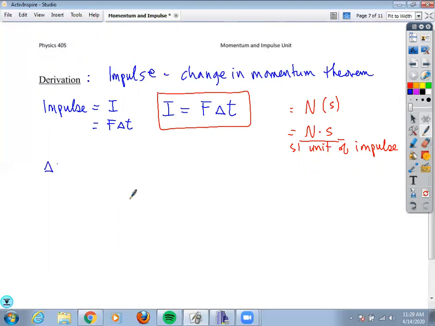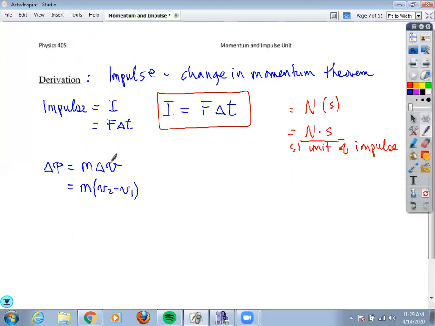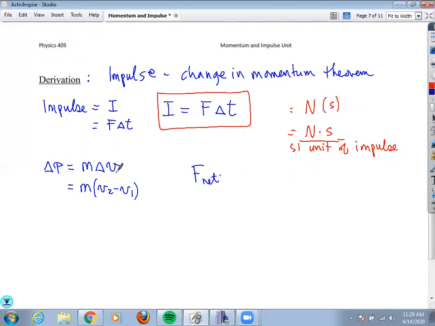Change in momentum, we've already derived, is mass times the change in velocity, or mass times v2 minus v1. So we talked about a force F causing a change in momentum over a period of time. F net must then be equal to the change in momentum divided by the change in time.